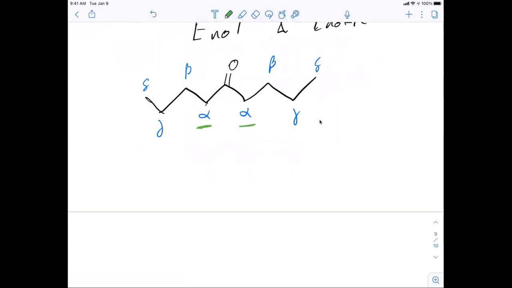One of the reasons that those two positions are important is the acidity of these two protons.